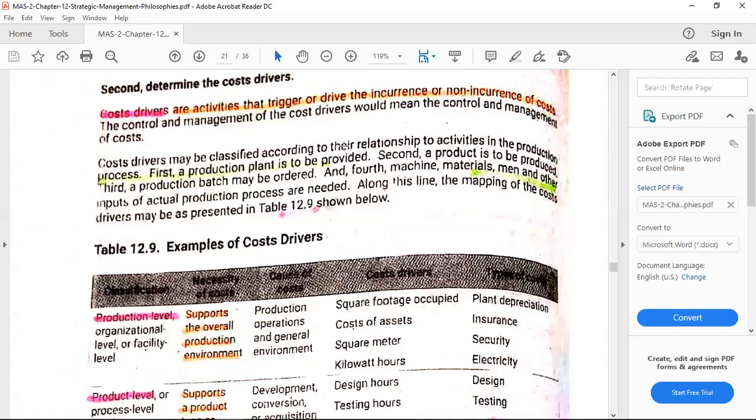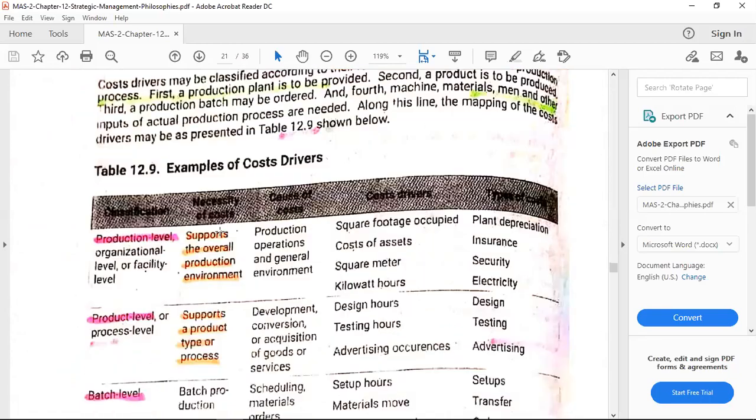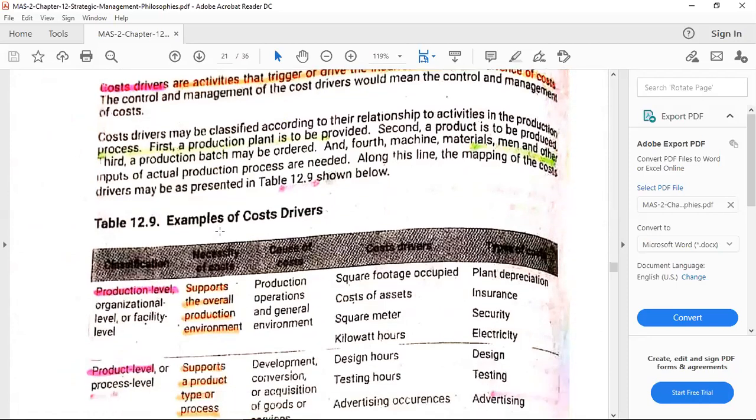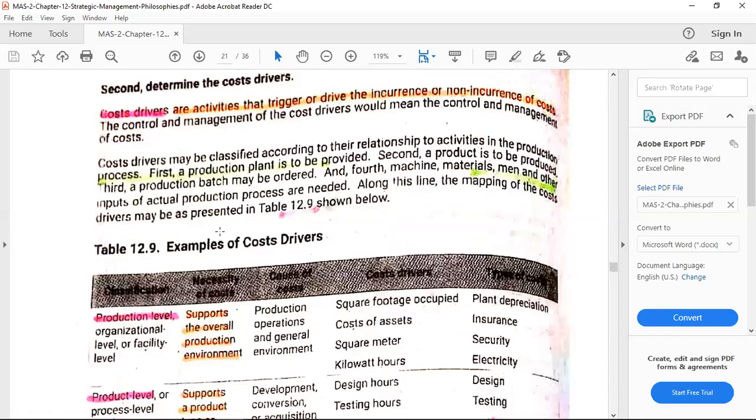Next is, what are these drivers? For each activity, there would be a driver. So let's say that the activity is, for example, production. In production, what could be the drivers there? What could be the respective items that would be used?